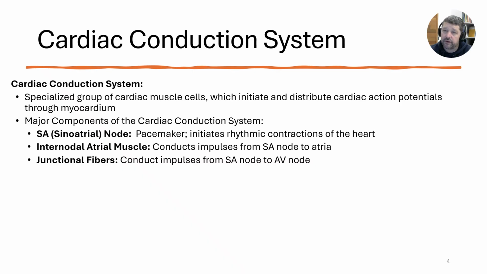Now, if your heart rate is less than that, the interesting and nice thing is the SA node is controlled by the autonomic nervous system, which is controlled by both the sympathetic, fight or flight response, okay? And it's controlled by the parasympathetic part of the nervous system, which is rest and relax.